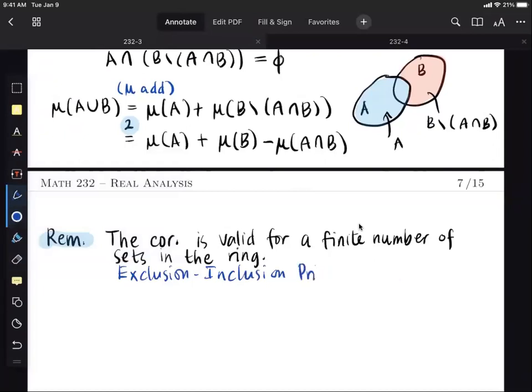So an extension, as I said, of this inclusion principle is an item in your second exercise, and that's the Bonferroni inequalities. Okay.